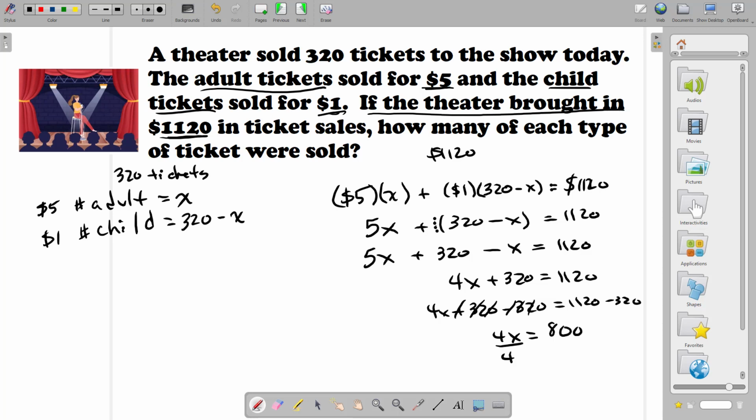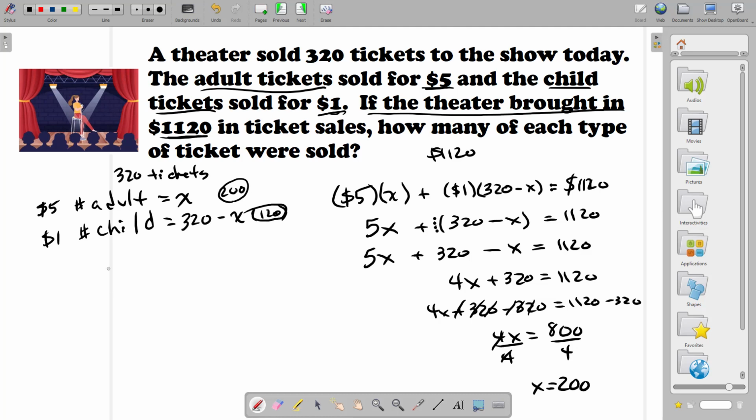Now we're going to divide by 4, and 800 divided by 4 gives us 200. So we're saying we sold 200 adult tickets, which means we sold 120 child tickets. 200 and 120 is 320.